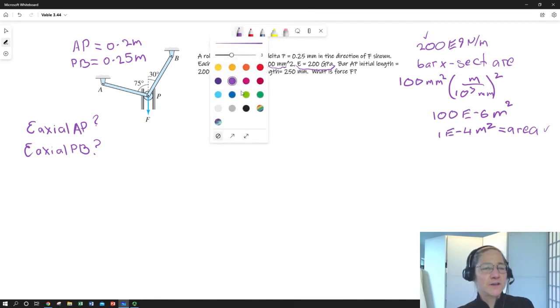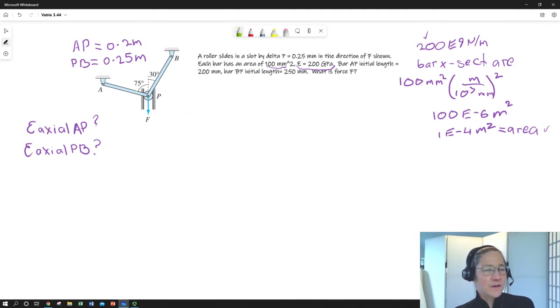We'll change color here to do that. So use a lime green. So we know that for small deflections, we can make the approximation that the hypotenuse of a right triangle is pretty close to one side of it.